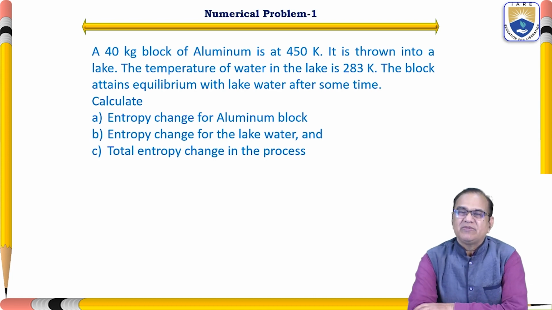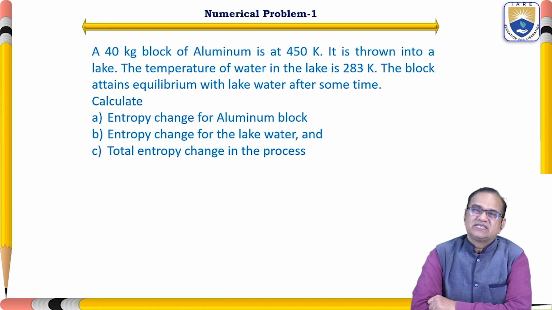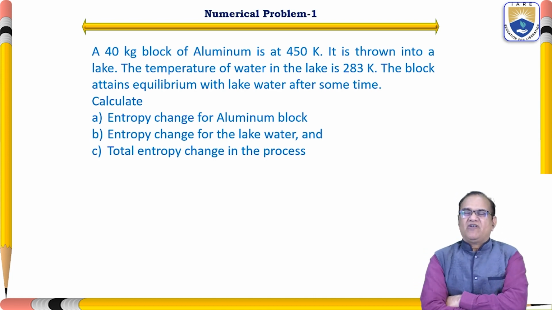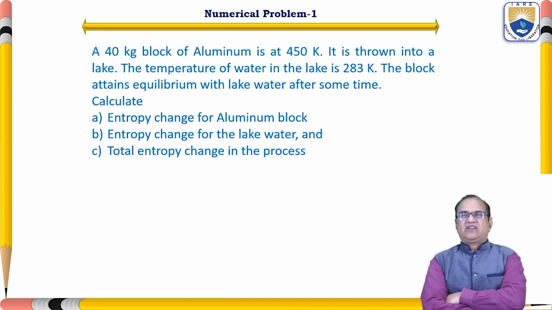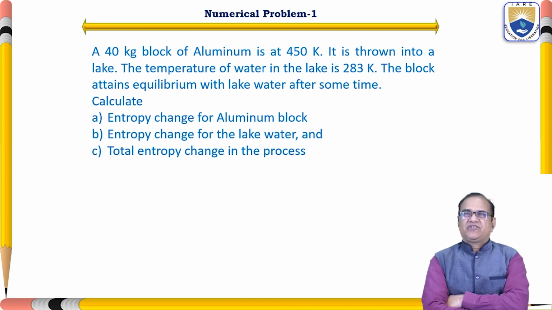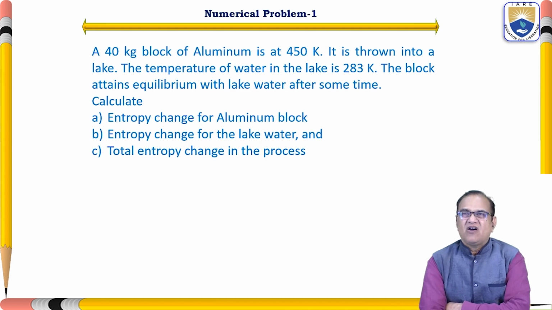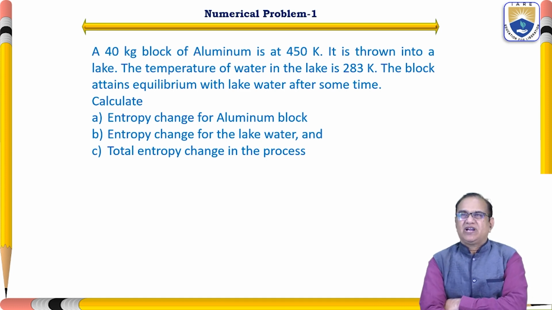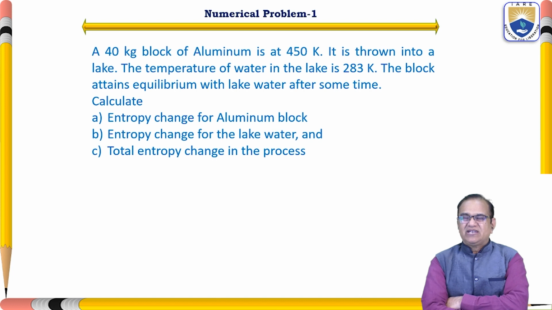Today, my numerical number 1 is: a 40 kg block of aluminium is at 450 Kelvin. It is thrown into a lake. The temperature of water in the lake is 283 Kelvin.